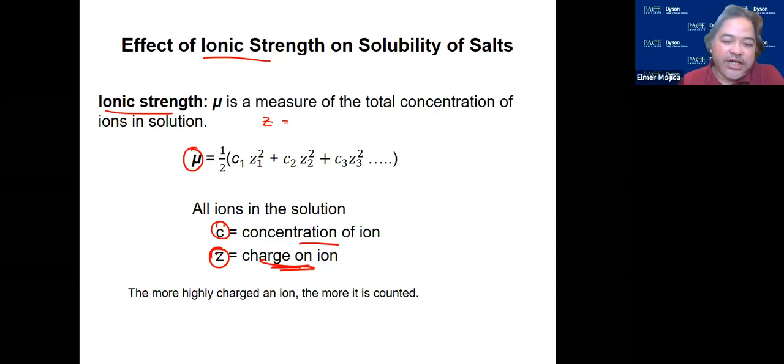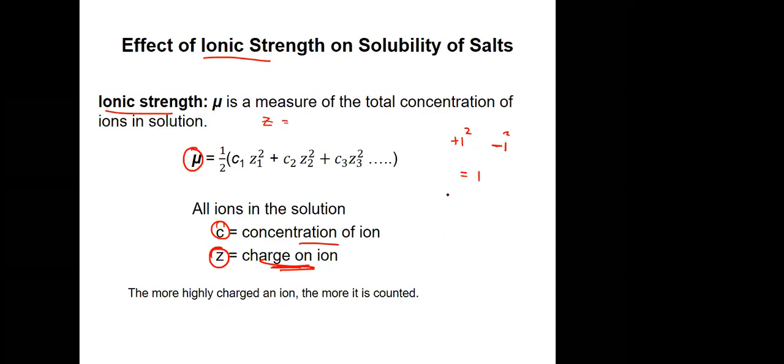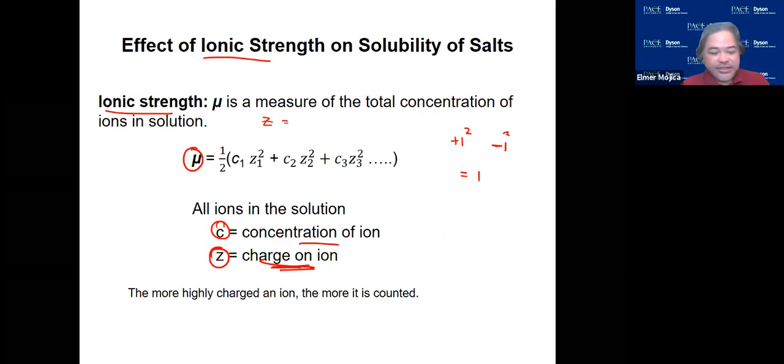And the more highly charged an ion, the more it is counted. Because if you have only a positive one or a negative one, when you square them it's always equal to 1. But if you have a more highly charged ion, it will be counted more.